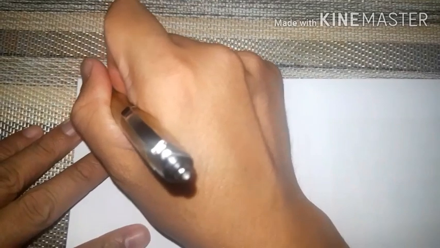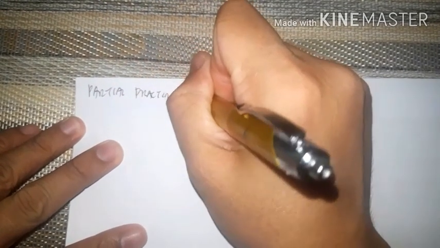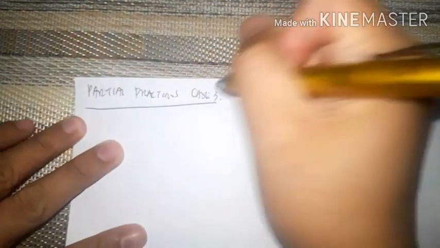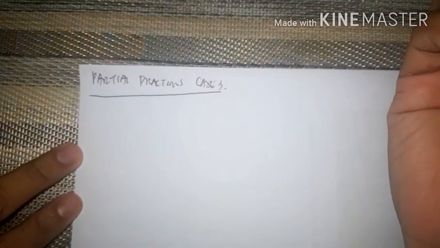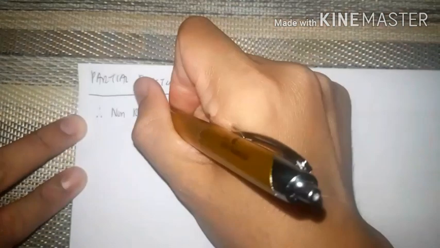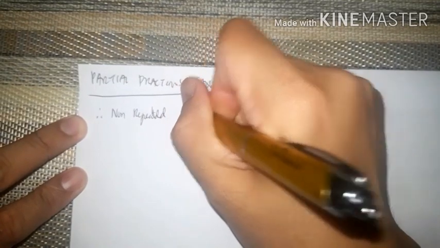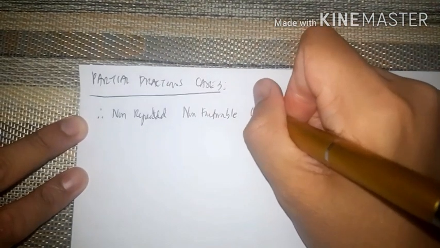This is partial fractions case 3 natin. Partial fractions case 3. So, sa case 3, that is non-repeated, non-factorable quadratic factor.